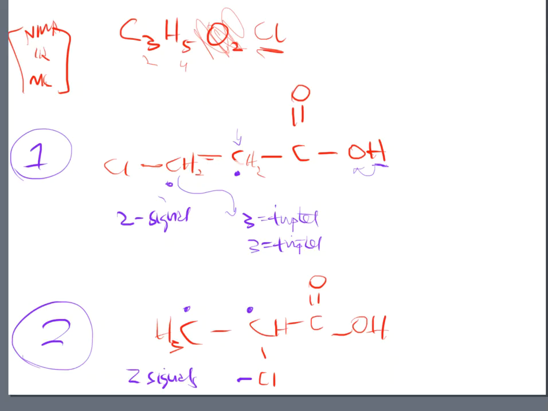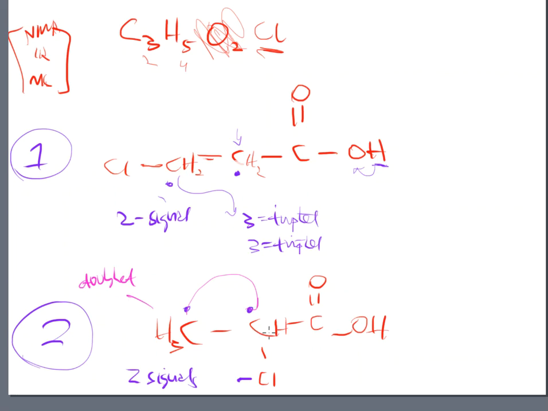So let's just double check it. We'll go here, we'll take a look at the multiplicity of it. So for this particular carbon, that one next door is a 1 kid group, and 1 plus 1 is a 2. So that means that I should have a doublet with one of my signals.